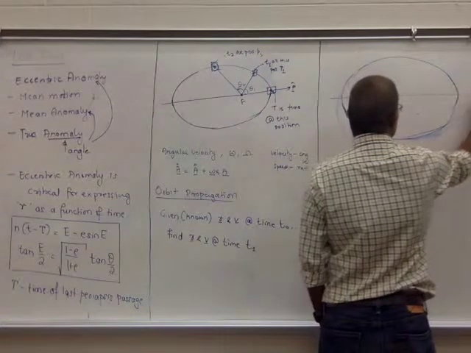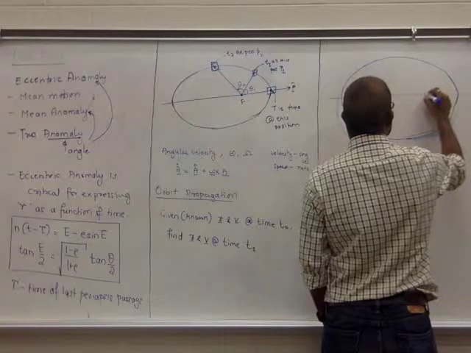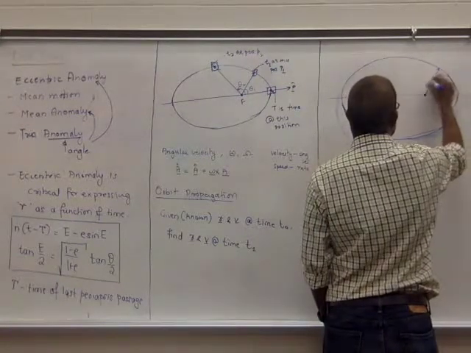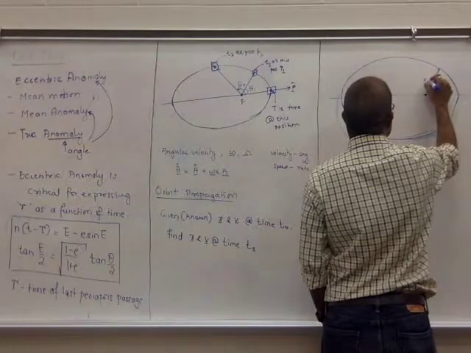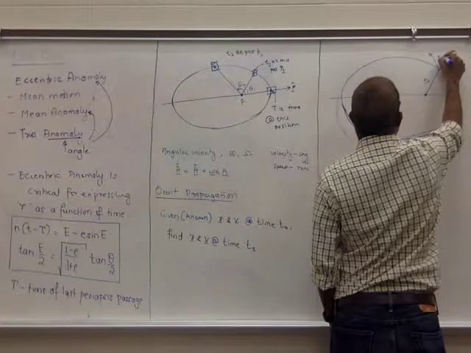So this is again your p direction. And you know the position. Let's say this is the position R naught, and this is the velocity in this direction, V naught.